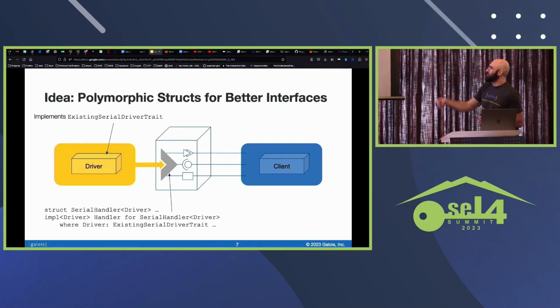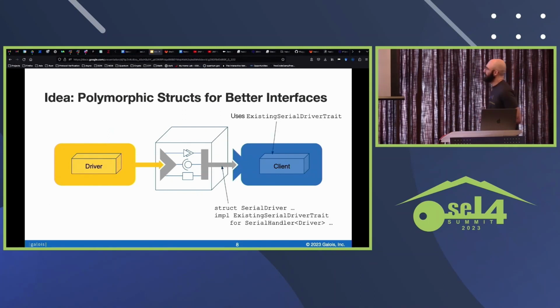But the point is that the driver doesn't have to worry about that communication code. In fact, if your driver already implements this existing serial driver trait, the code for your driver protection domain should be almost nothing, because you just plug it into the hole, right?